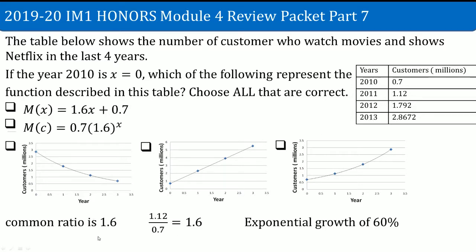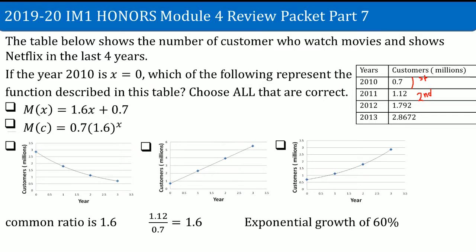The common ratio is 1.6. How did I do that? I got 0.16, the second value, and I divide it by the first value, which is 0.1. That gets me 1.6. In that process, that means that's why the common ratio is 1.6, or you could say it's a growth of 60%.